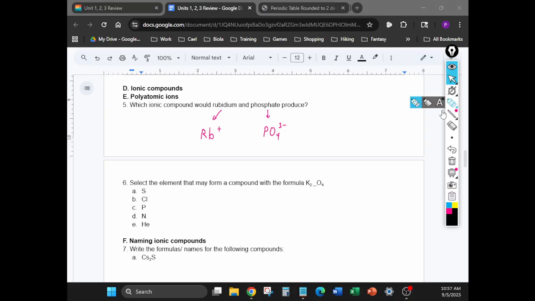But let's say that you did memorize for the test, you would get that. And then you would see that you need 3 rubidiums to balance out one of the phosphates. So the ionic compound that you make is Rb3PO4. Please make sure to memorize the polyatomic ions if you want to pass the test.